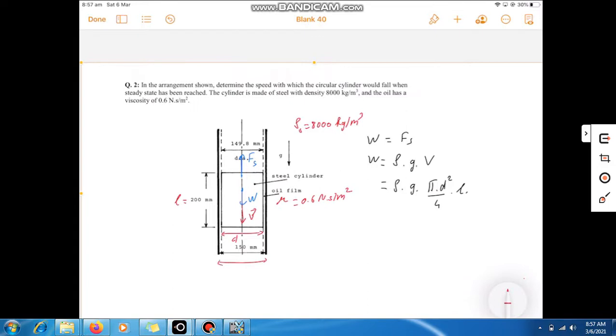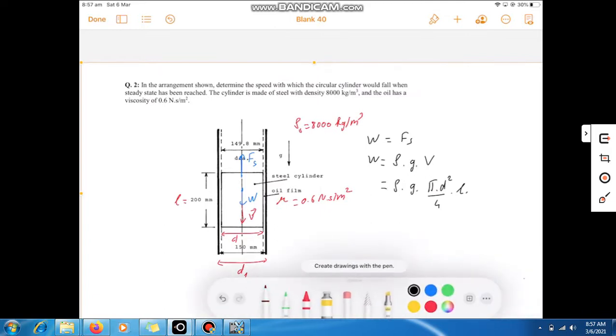Okay, and we call the distance between the wall and wall d1. d1 is 150 millimeter, and the diameter of the cylinder is 149.8 millimeter. Okay, this one is the weight.